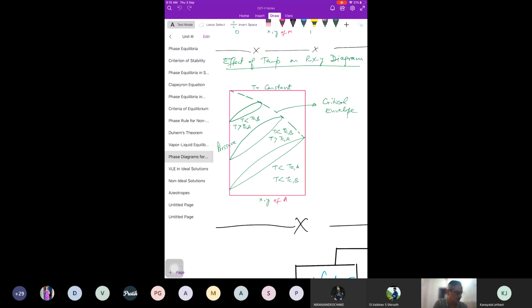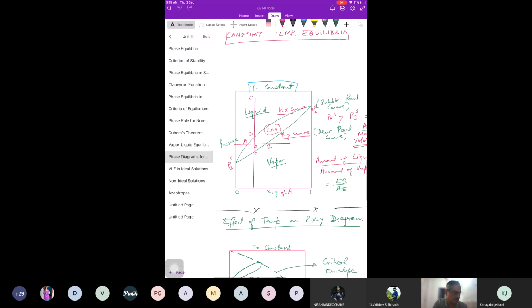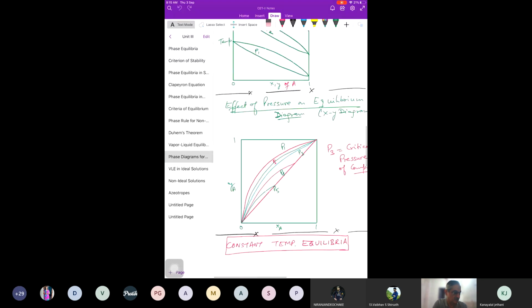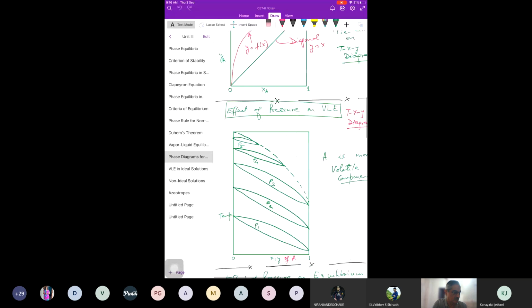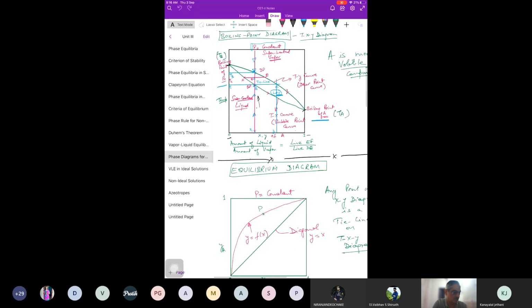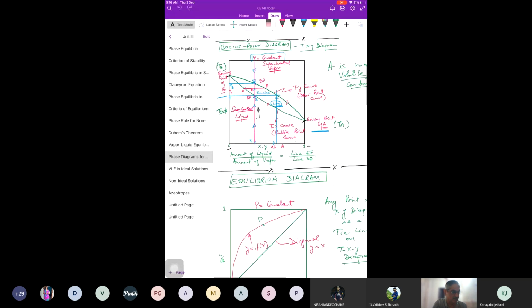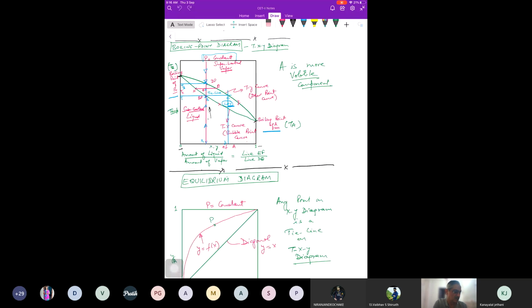Yes, sir. If you look at the TXY diagram, this is the boiling point of pure A, and this is the boiling point of pure B. So all the temperatures are going to lie between the boiling point of pure A and pure B. That is the range of temperatures.